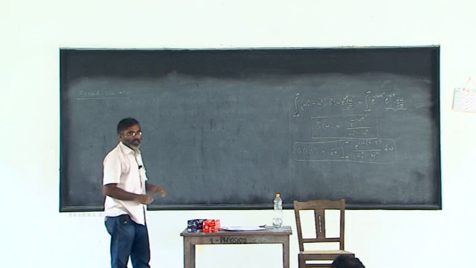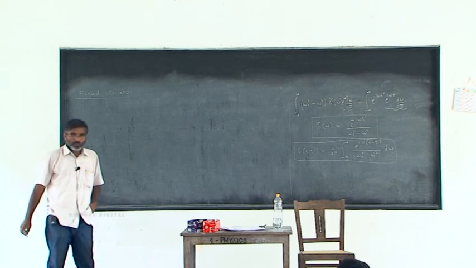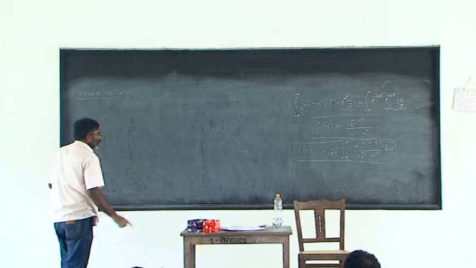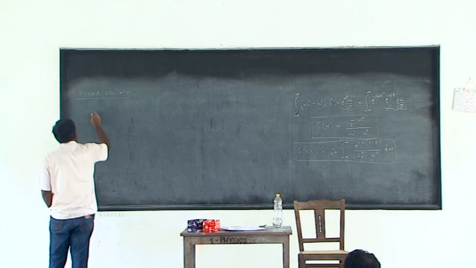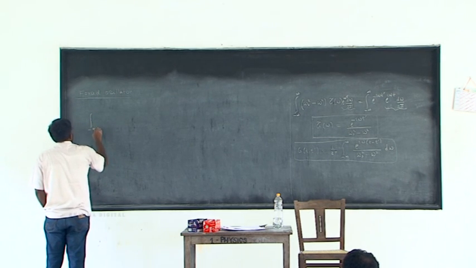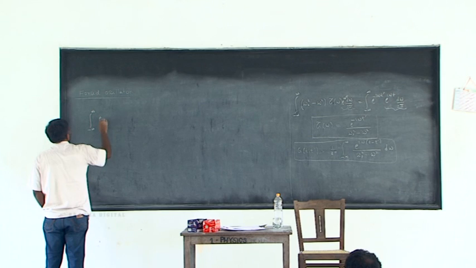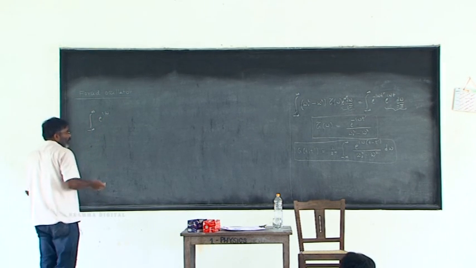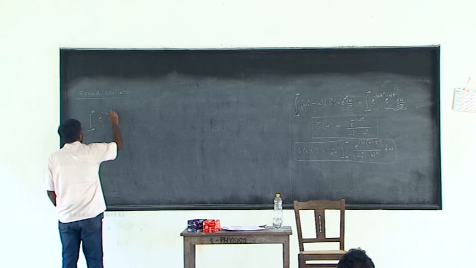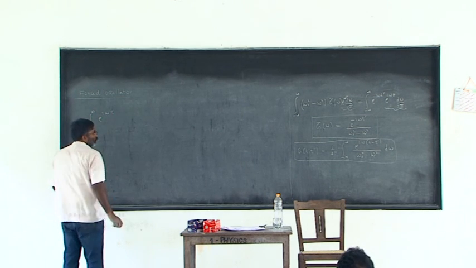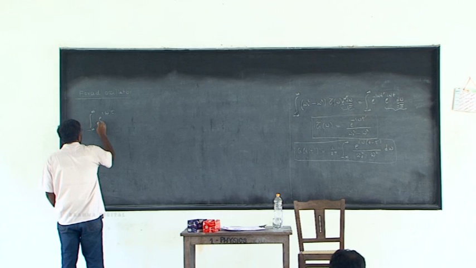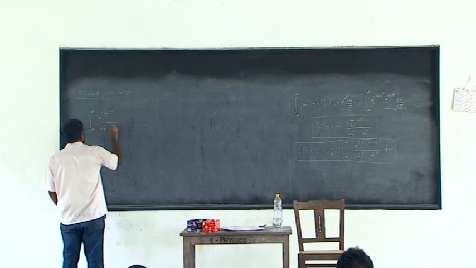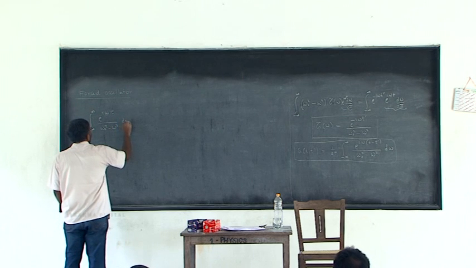So if I consider a complex omega plane, and I want to write this integral from minus infinity to infinity of e to the power i omega tau, where t minus t prime I will call tau, divided by omega naught square minus omega square d omega.